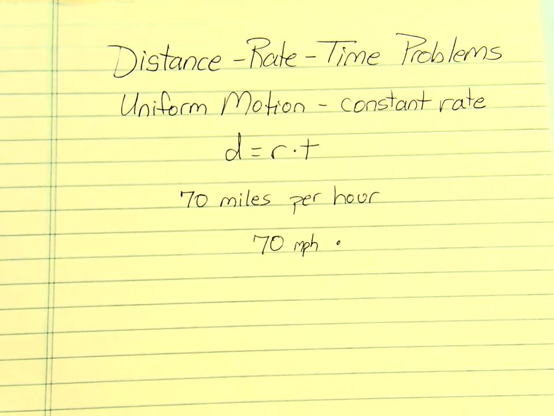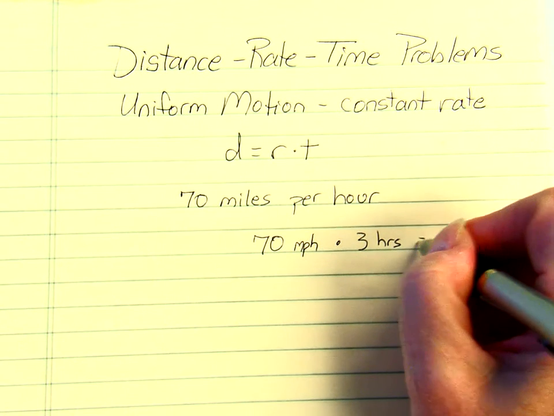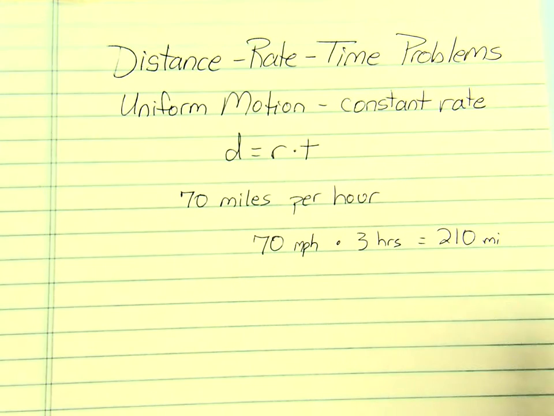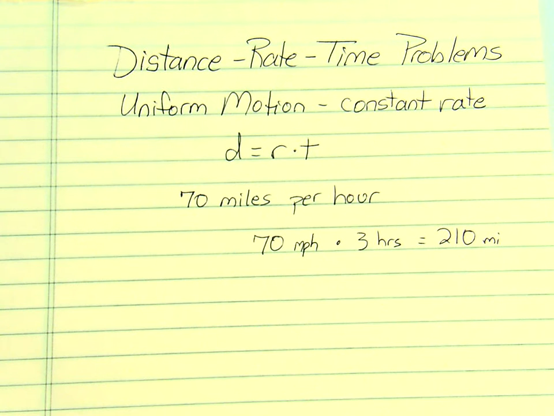Let's say you're driving for 3 hours. That means you will have driven 210 miles. So this distance equals rate times time becomes very, very important for these problems.